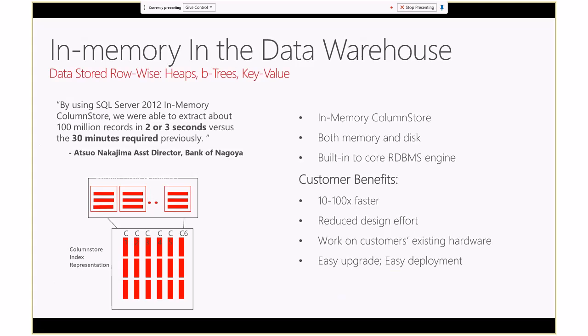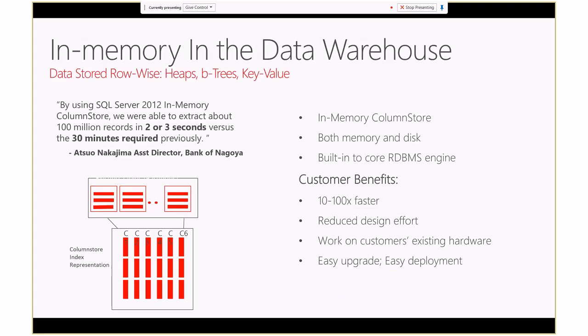Big benefits: 10 to 100 times faster. We're going to do some demos and see the stats for yourself on how that works. It's also a lot simpler approach to getting performance gains than trying to do this all with indexes and partitioning, managing queries, and a lot of other tricks you end up doing.